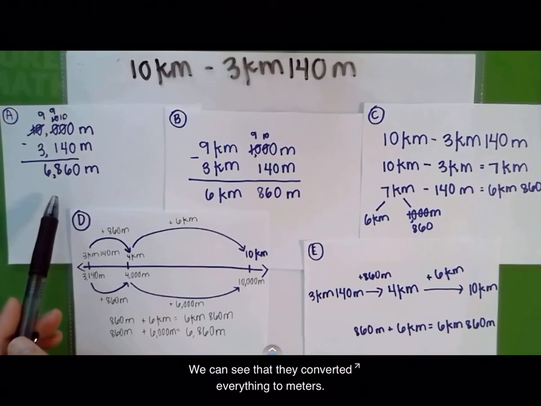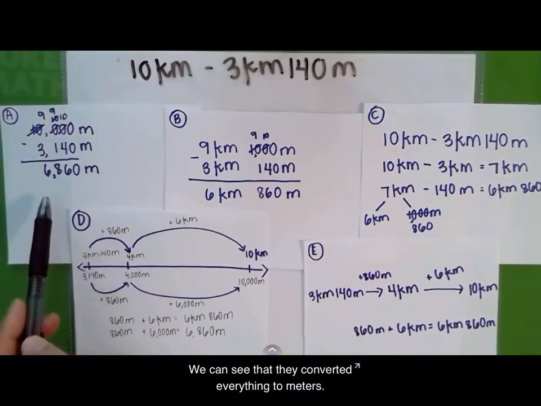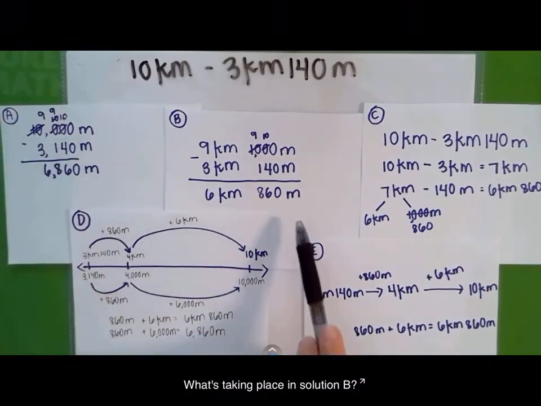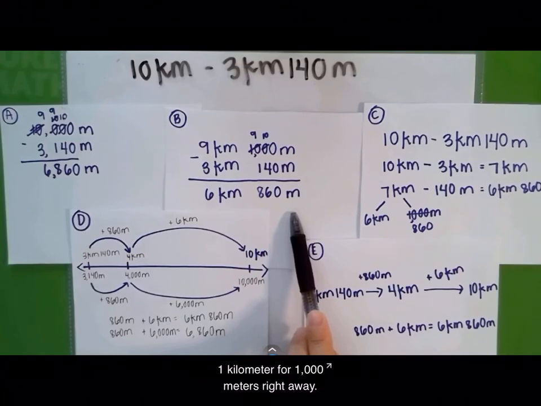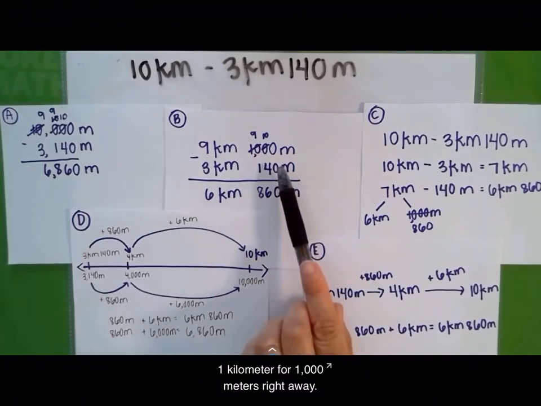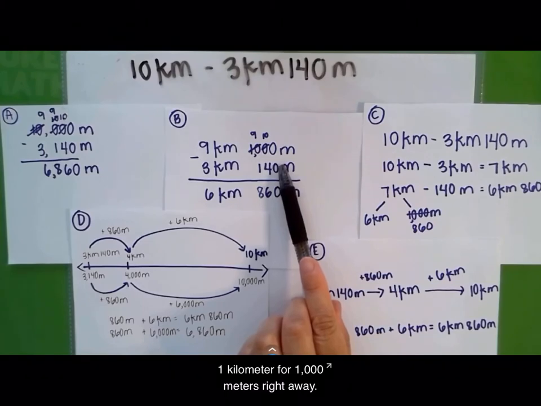We can see that they converted everything to meters. What's taking place in solution B? Here we can see that they renamed 1 kilometer for 1,000 meters right away.